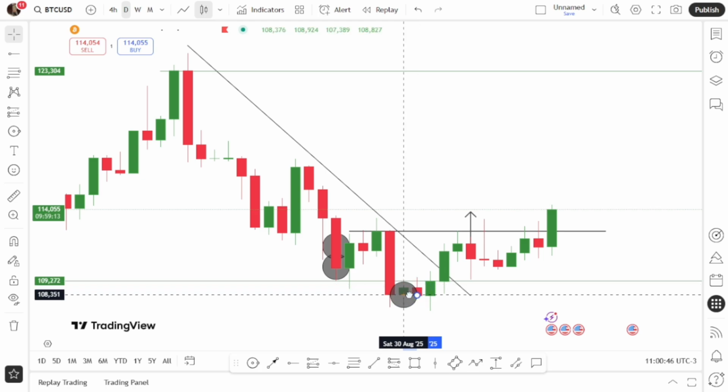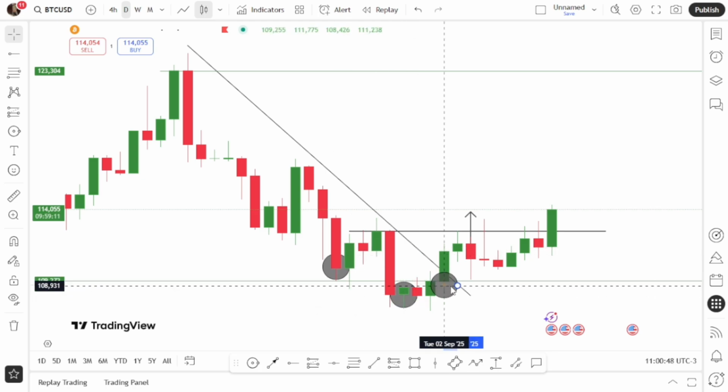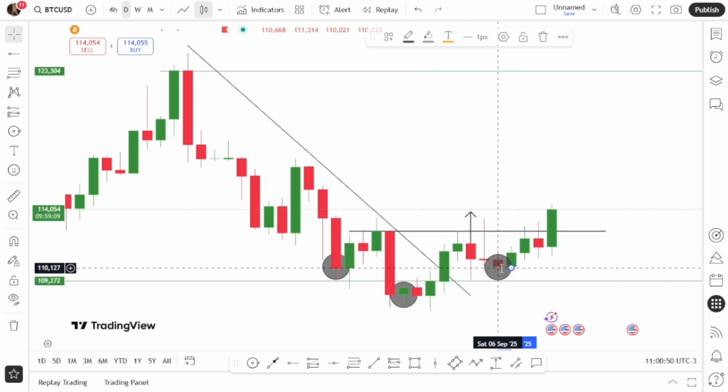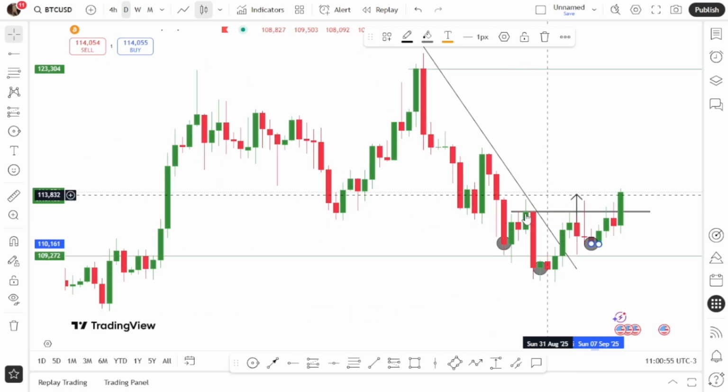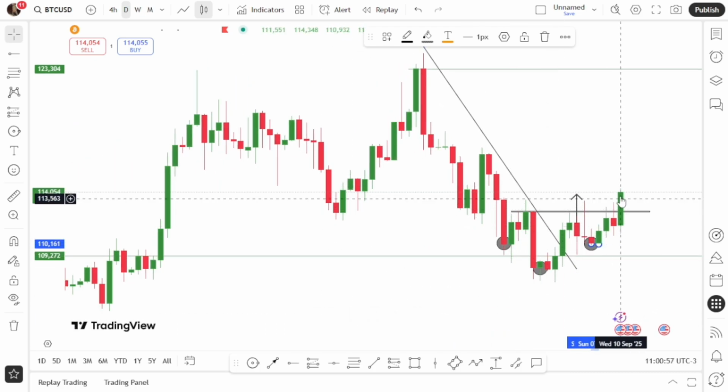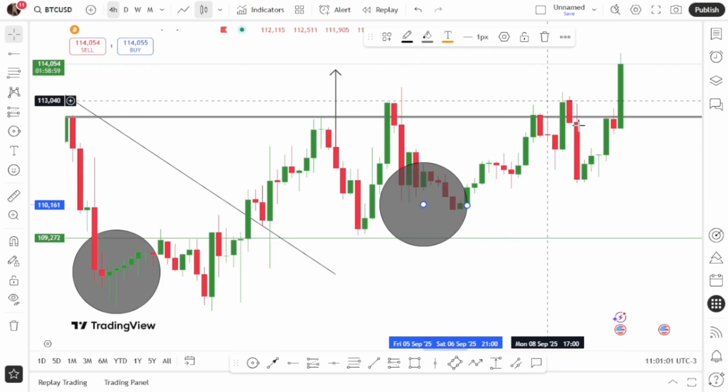This is the head, and then price has created this shoulder too. So on BTC we are having a good head and shoulder pattern, and this is the neckline, which price has broken above with this candlestick here.